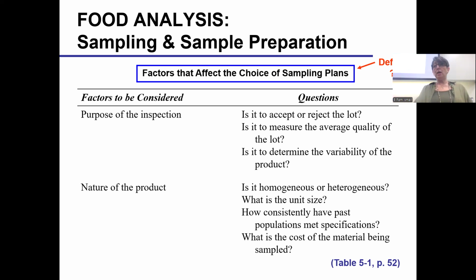What is the unit size? Is it cans of 100 milliliter soup, or is it a truckload of grains? And then also, what is the cost of the material being sampled? That will impact how many samples I'm going to pull out, the amount of sample prep, all of that.